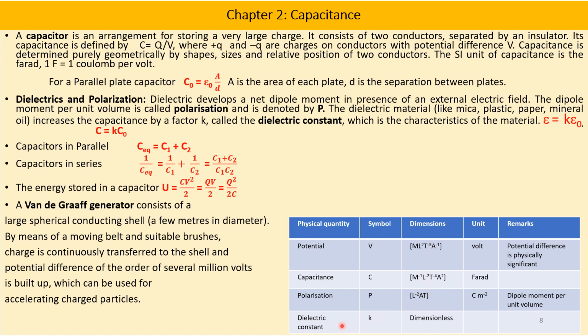The dielectric constant is dimensionless, the unit of potential is volt, the unit of capacitance is farad, and polarization is dipole moment per unit volume. Potential difference is physically significant.